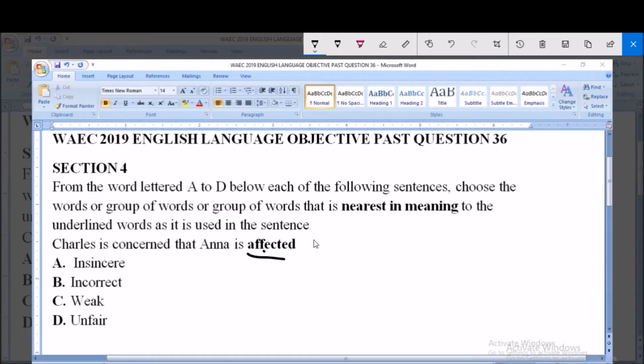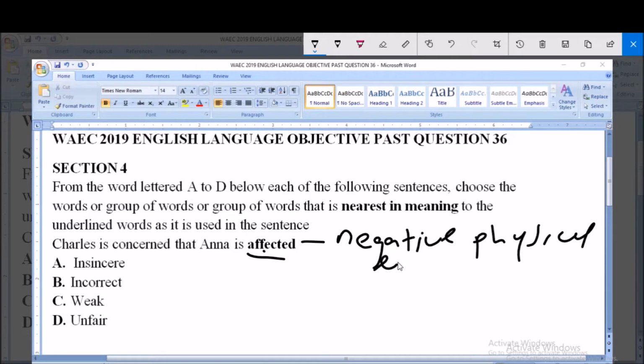So affected, as used in this sentence, refers to negative physical effect.